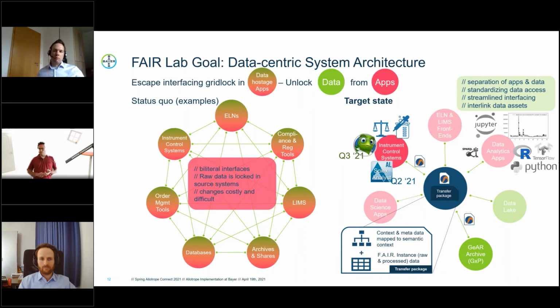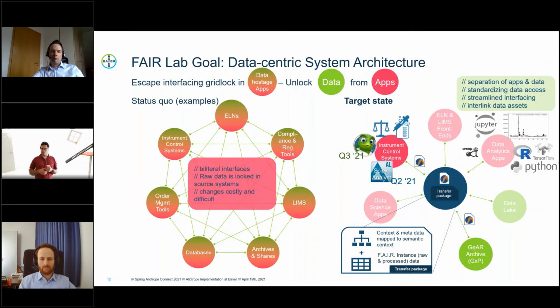So conceptually, the first step is we need a transfer package that always describes the metadata and the context of certain scientific information, having a FAIR instance of raw and processed data, and making this the default transfer package to get out of this gridlock situation.